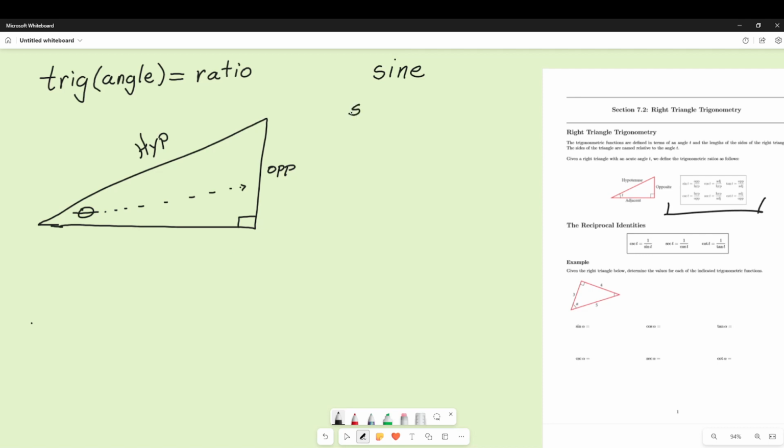And we'll often abbreviate this as SIN. Sine of some angle outputs the ratio between the opposite side and the hypotenuse of a right triangle containing that angle.